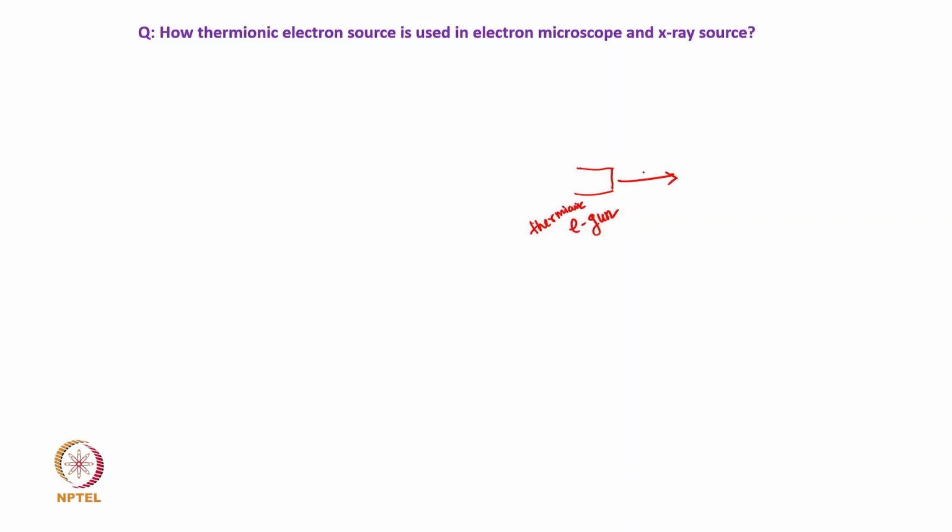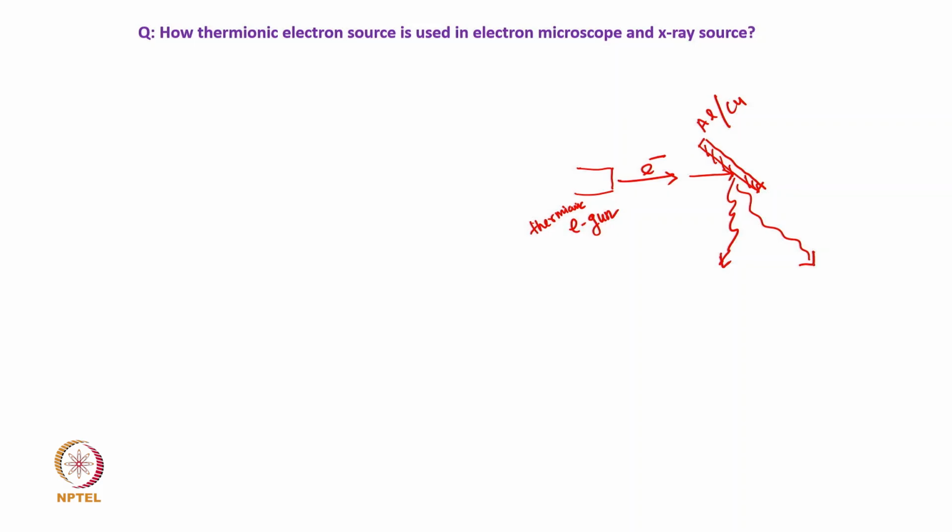So, electrons are produced and then they strike any material which you want to generate X-rays from, say aluminum, say copper. So, electrons hit, they are bombarded and then the X-rays are emitted. There are two different kinds of X-rays.